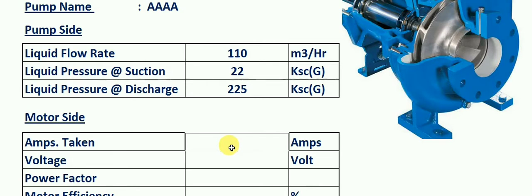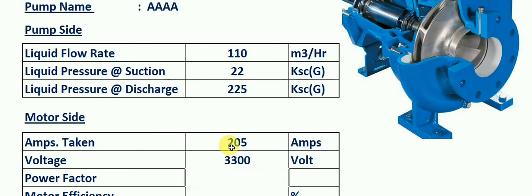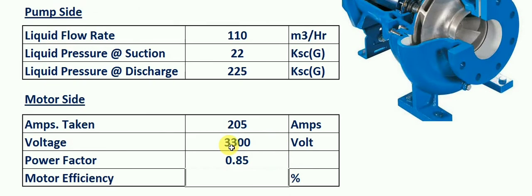So current taken is 205 amps, voltage is 3300 volts, power factor is 0.85, and motor efficiency we have taken as 90%. So right now we have taken the field readings for the performance calculations.